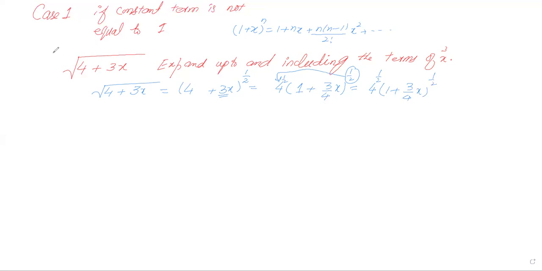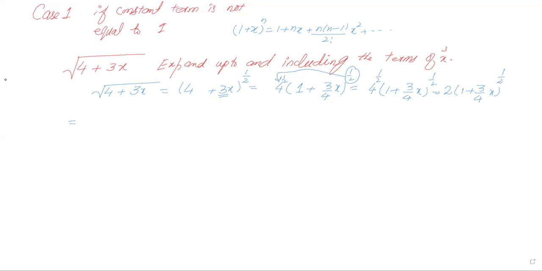And we know that 1 by 2 means under root, or the square root. You can find with the help of the calculator: the square root of 4 is 2. So 2 times 1 plus 3 by 4x raised to power 1 by 2. Now I have to expand this, because all the conditions have been fulfilled.